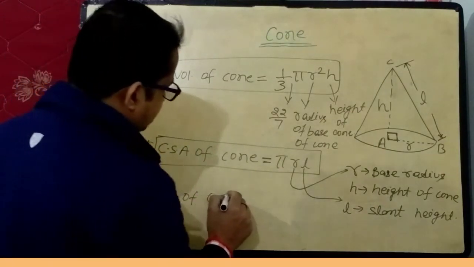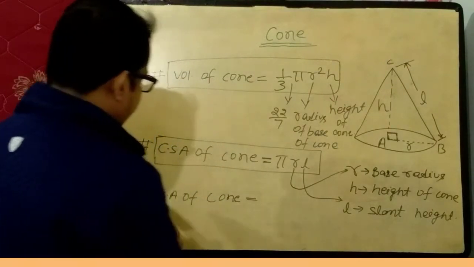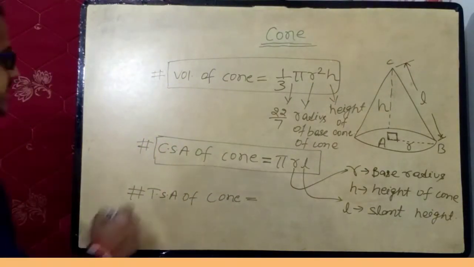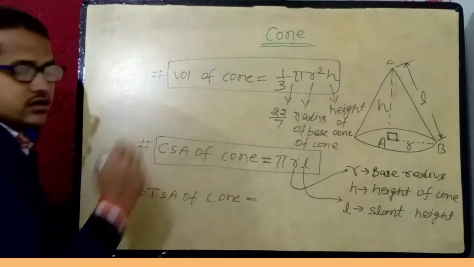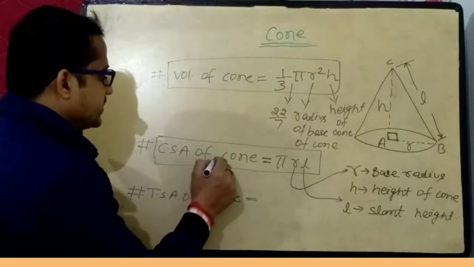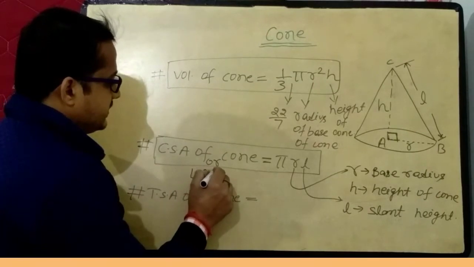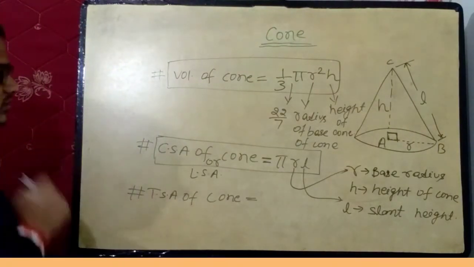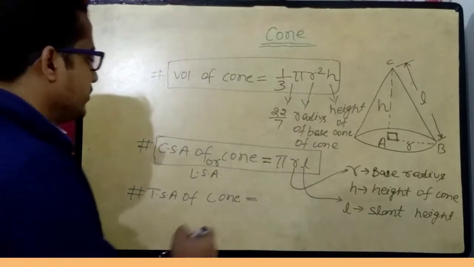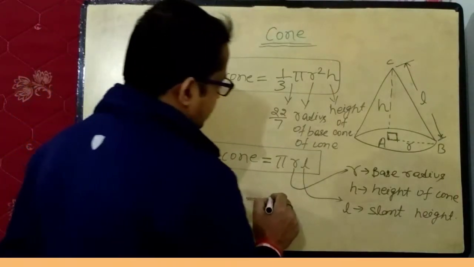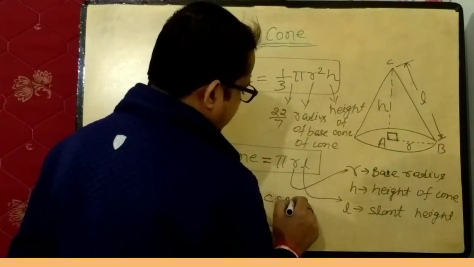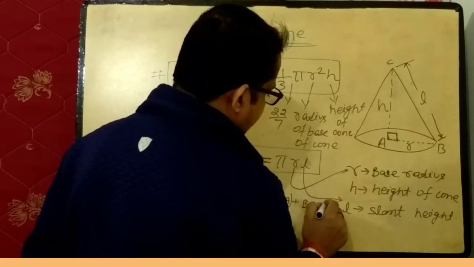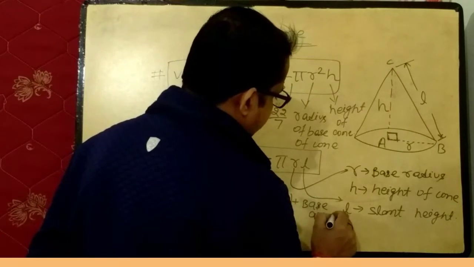Next is TSA of cone. TSA stands for total surface area. And CSA stands for curved surface area, or you can say LSA, that is lateral surface area. Now to calculate the total surface area of a cone, total surface area equals curved surface area plus base area.